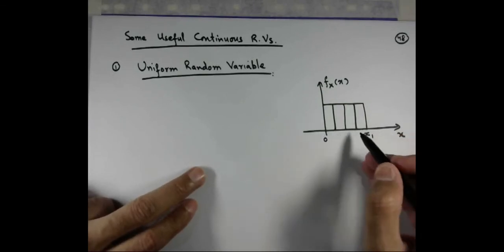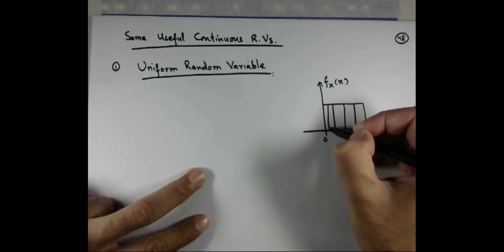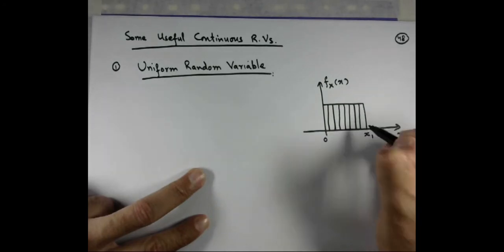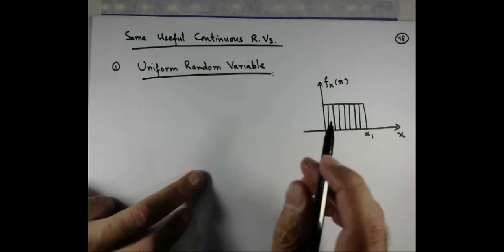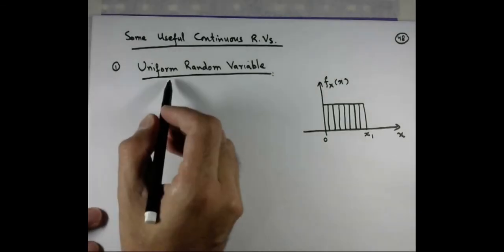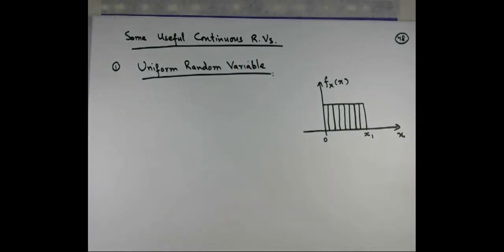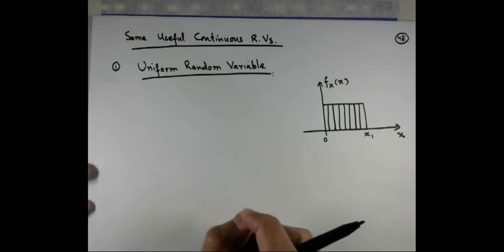So here now each interval will have a 1/4 probability. But if you further, for example, divide the total interval into, say, 8 equal size intervals, then the probability of each interval will be 1/8. So continuous uniform random variable now means that if you can divide the random variable into equal size intervals, then each equal size interval will have the same probability.